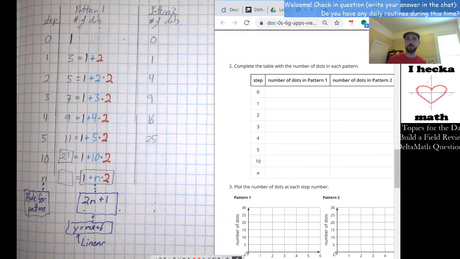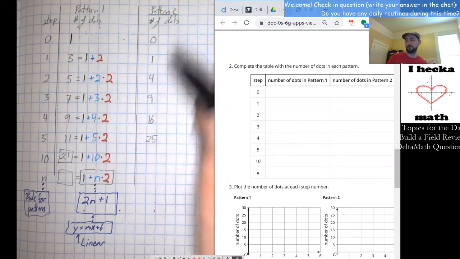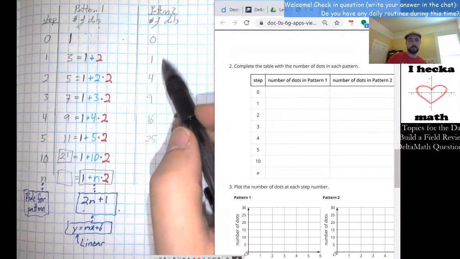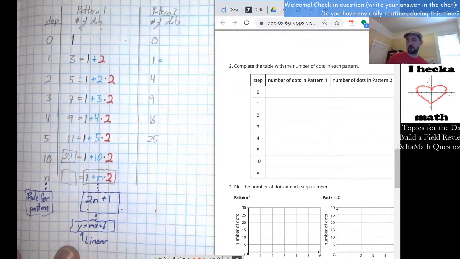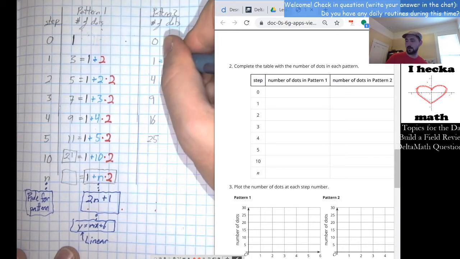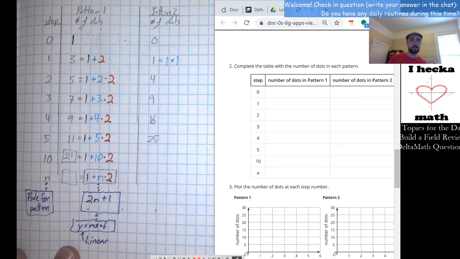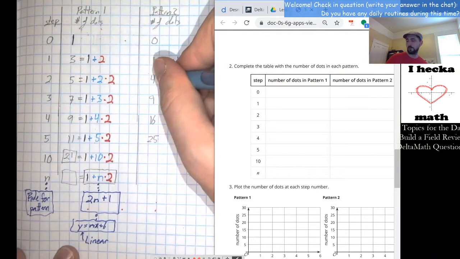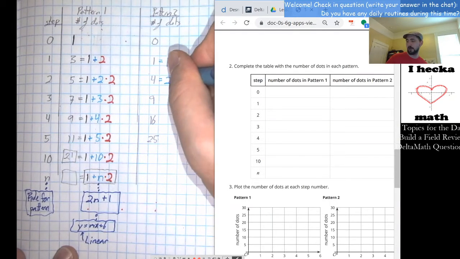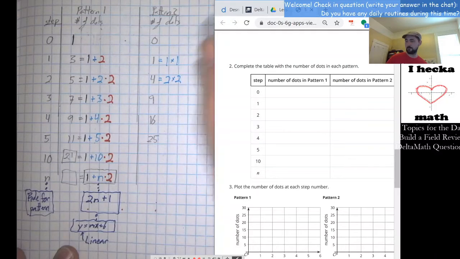Okay, pattern number 2 though. Do you remember how we did this? This is just 0. But then this 1, we said came from looking at a 1 by 1 box. The 4 came from looking at a 2 by 2 box.